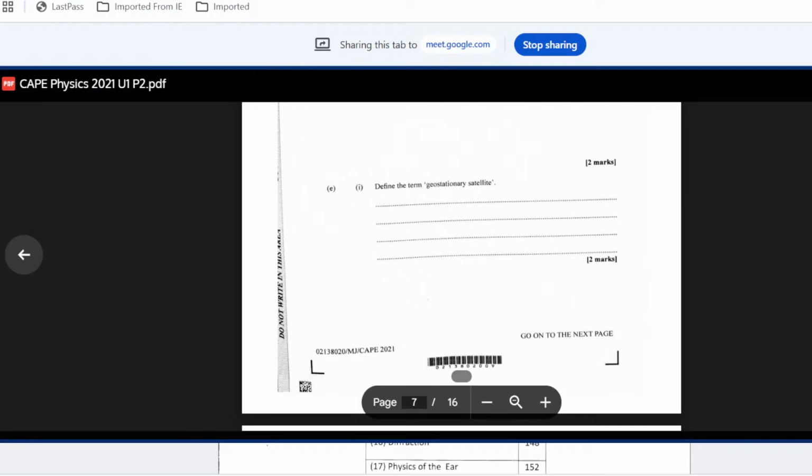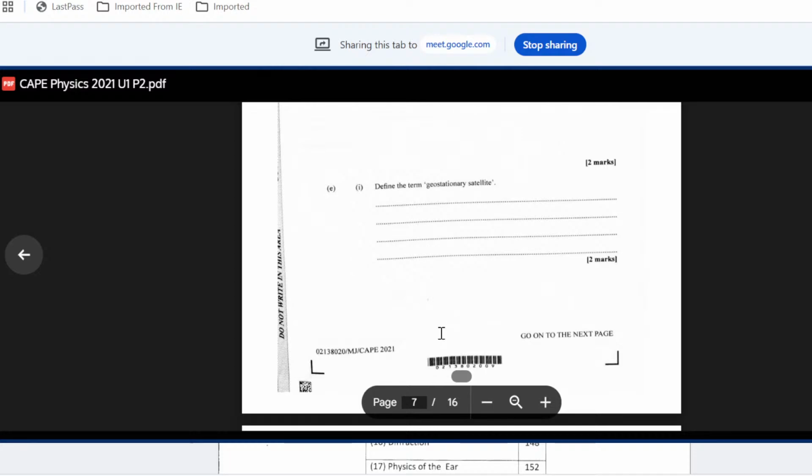You can talk about it appearing to remain at the same place, or about it being located over the equator. So that's the geostationary satellite.